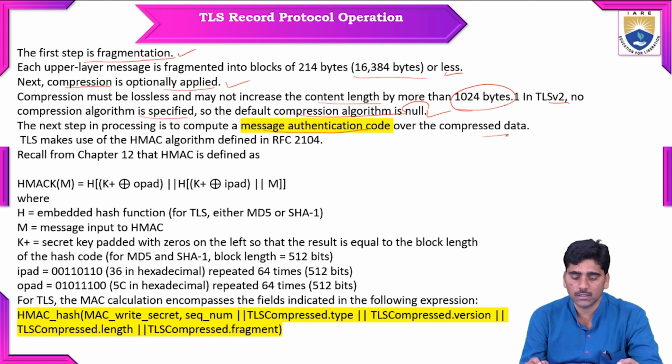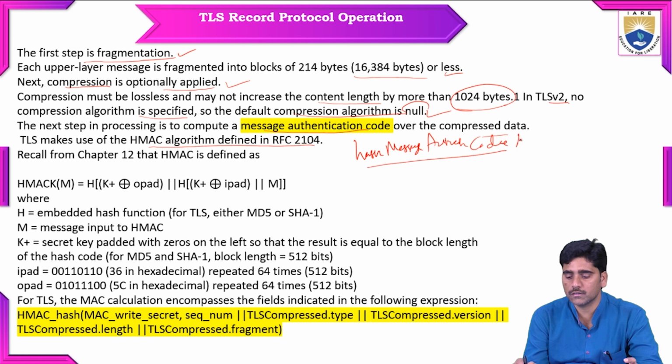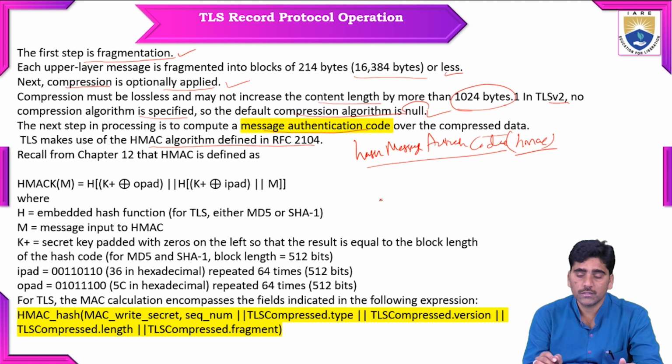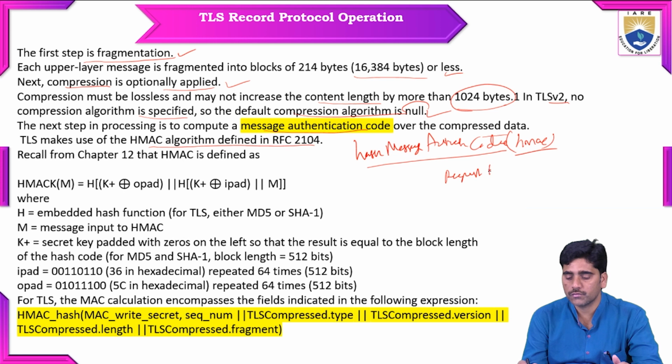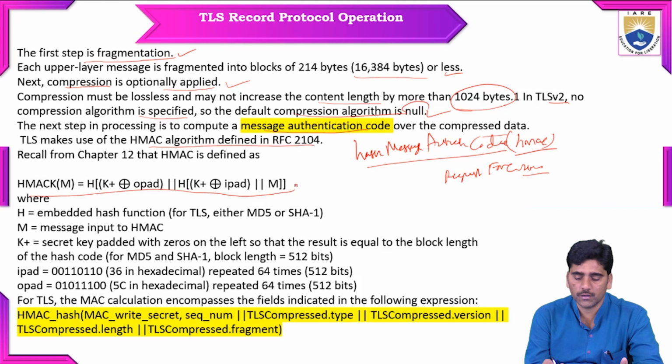After compressing the data, the message authentication code is added over that compressed data. Here TLS makes use of the HMAC algorithm, that is, hash message authentication code, over the compressed data, which is defined in RFC 2104, request for comments 2104. So the formula for applying the message authentication code to this message is HMAC of M.